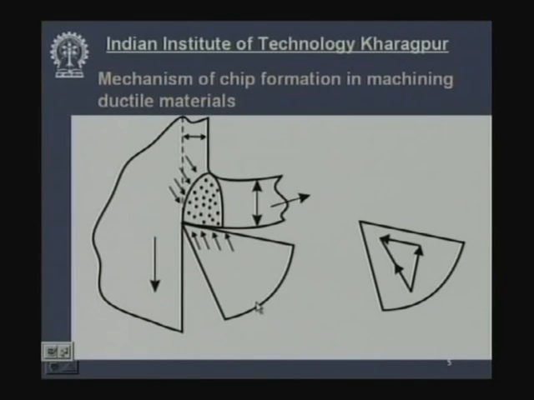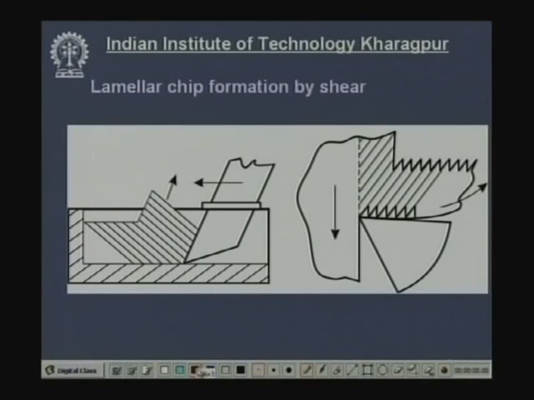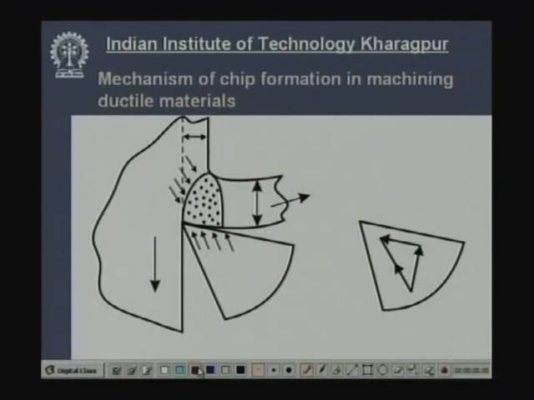Here you see this is the work material. Suppose machining is going on by a cutting tool. This is the cutting velocity, and chips flow in this direction.